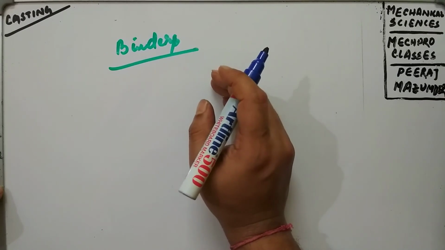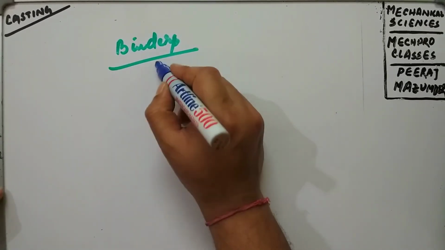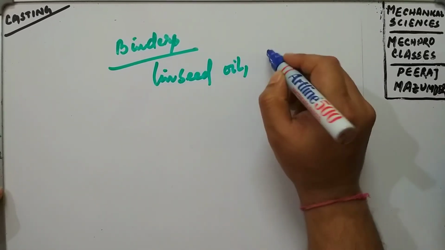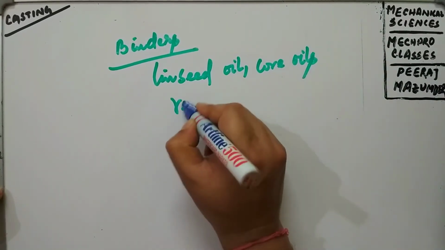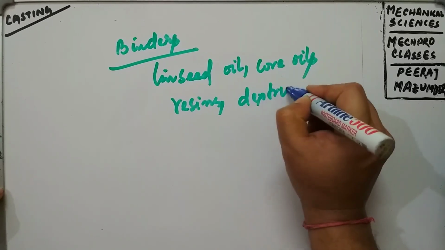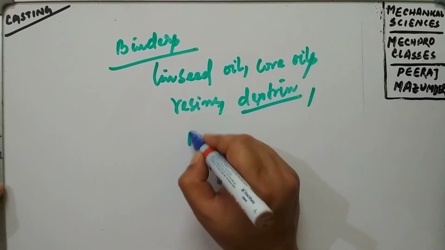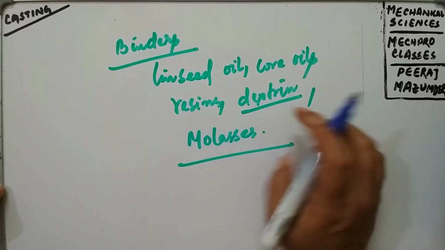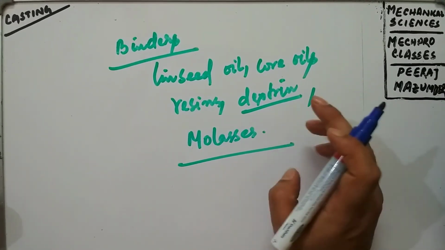The commonly used binders are generally linseed oil, core oils, resins, dextrin for both purposes as additive also, and molasses. Core oils are a mixture of linseed, soya, fish and petroleum oils and coal tar.